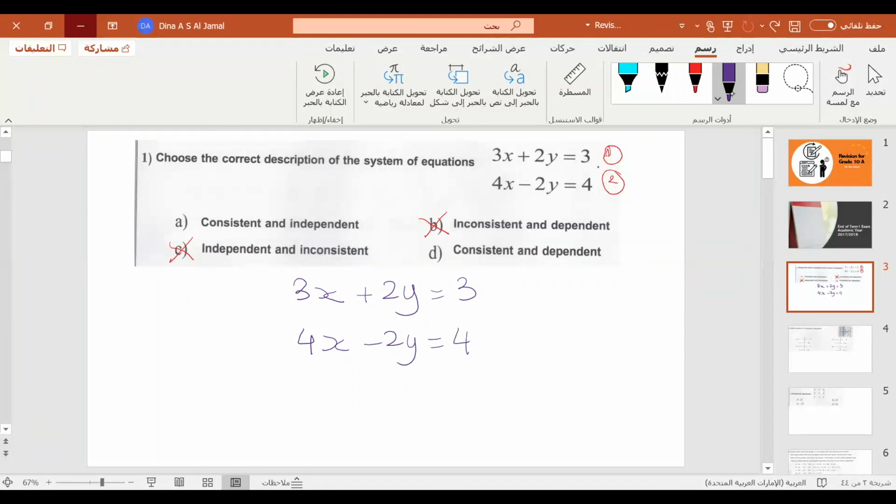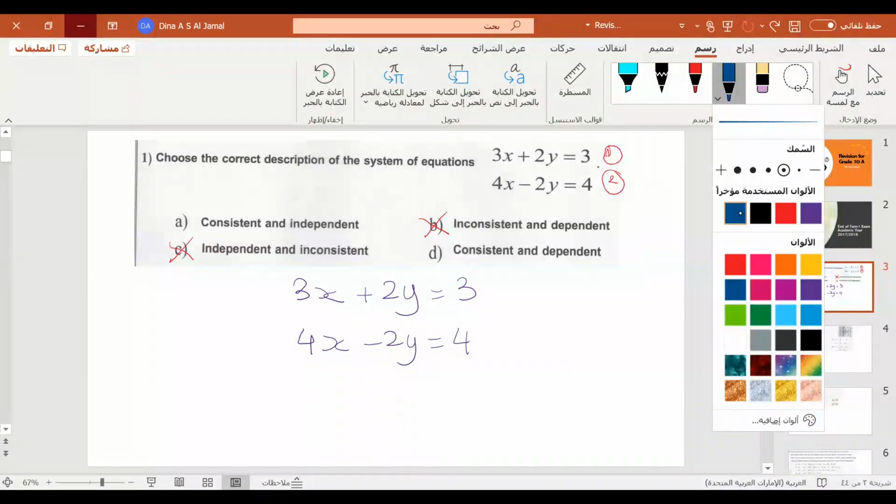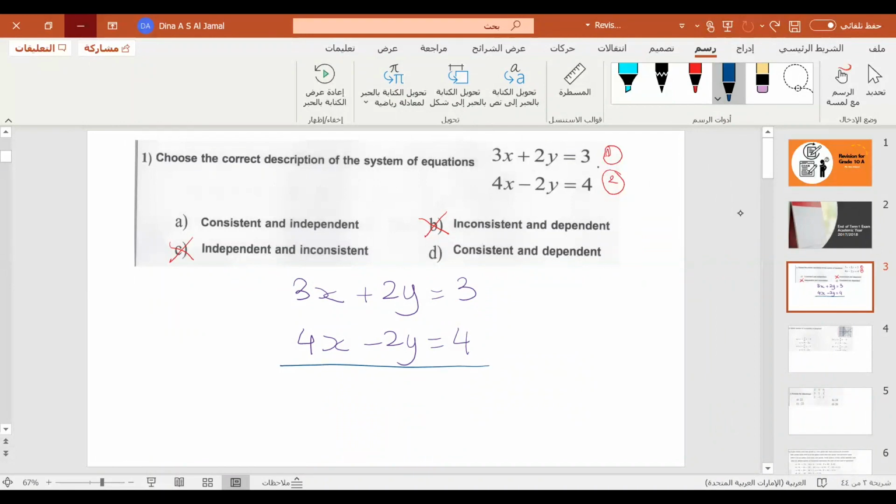Let's see if I'm getting one solution or many solutions. So here I'm having 2y minus 2y, elimination using addition, 7x equals 7. That means I don't have many solutions. I'm having one solution. Divide by 7, divide by 7, your x will be 1.